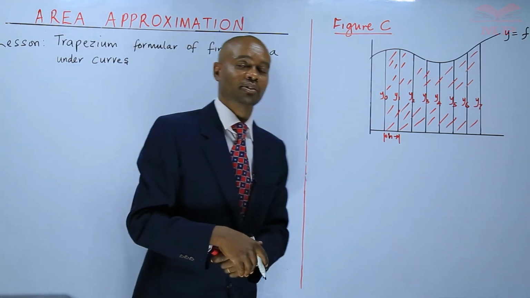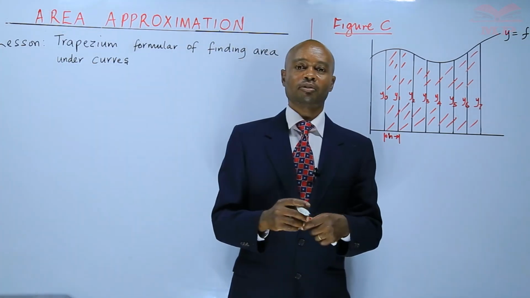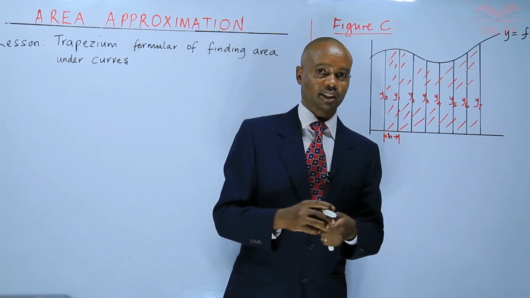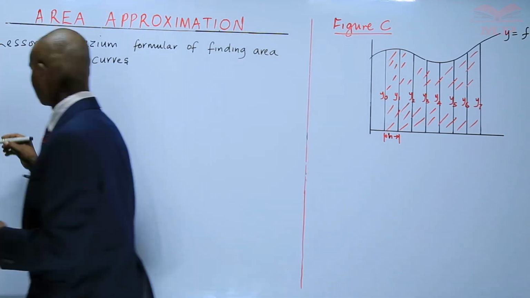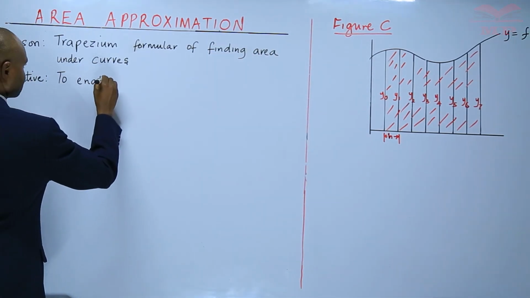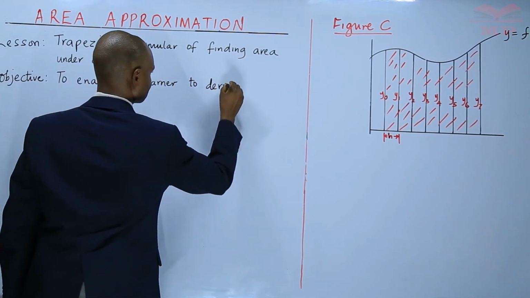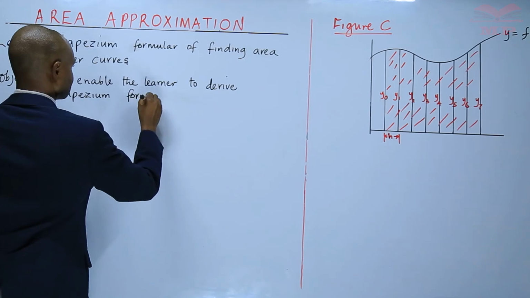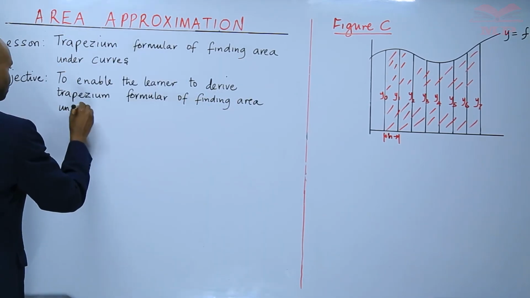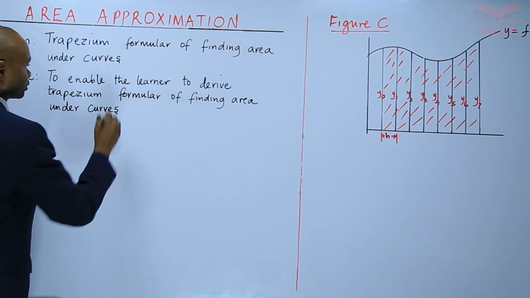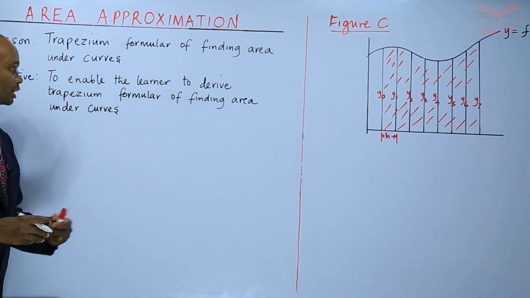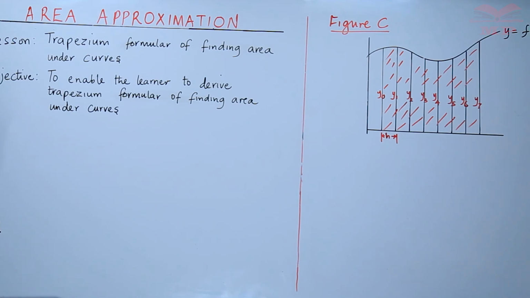The objective of the lesson is to enable the learner to derive the trapezium rule.